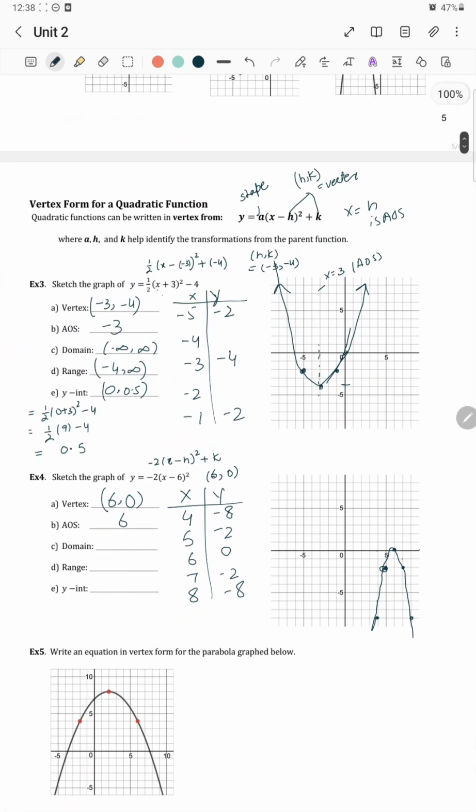So the domain is going to be minus infinity to plus infinity, and the range is going to be y values from negative infinity to 0.